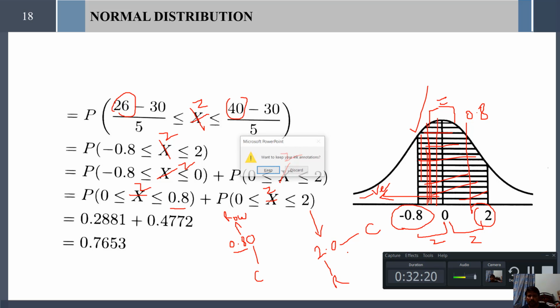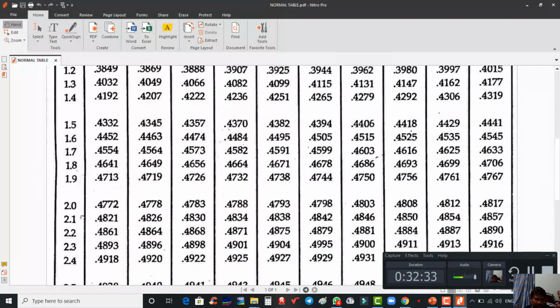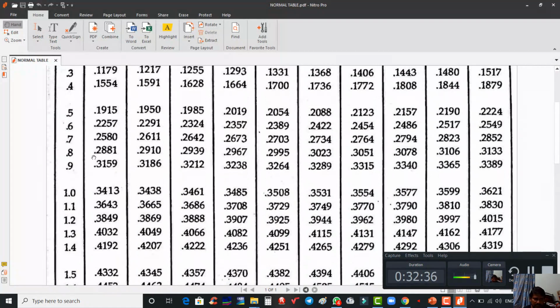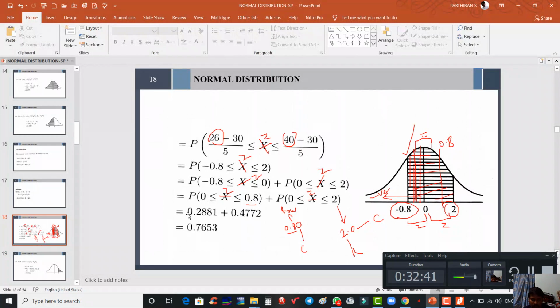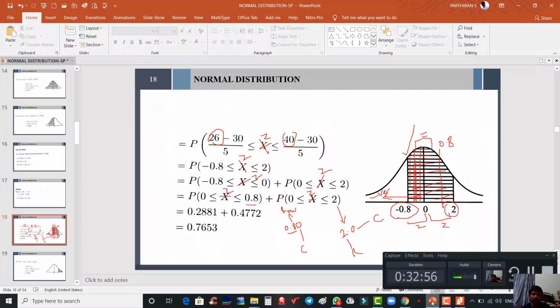Now you refer to the normal table. First we want to find 0.8: the 0.8th row and 0th column is 0.2881.